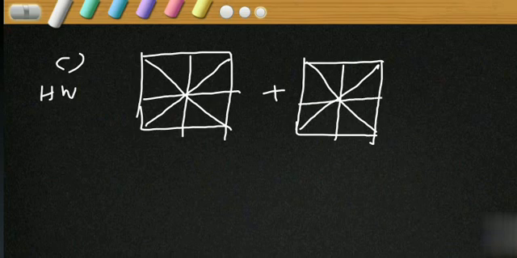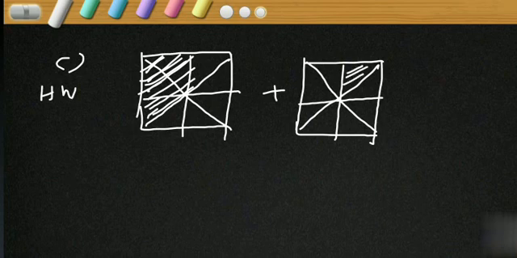Yes, here the shaded portions are, in the first figure 3 parts are shaded. In the second figure only 1 part is shaded. 3 parts are shaded out of 8. So what is the fraction corresponding to the first figure? Yes, 3 by 8, isn't it?